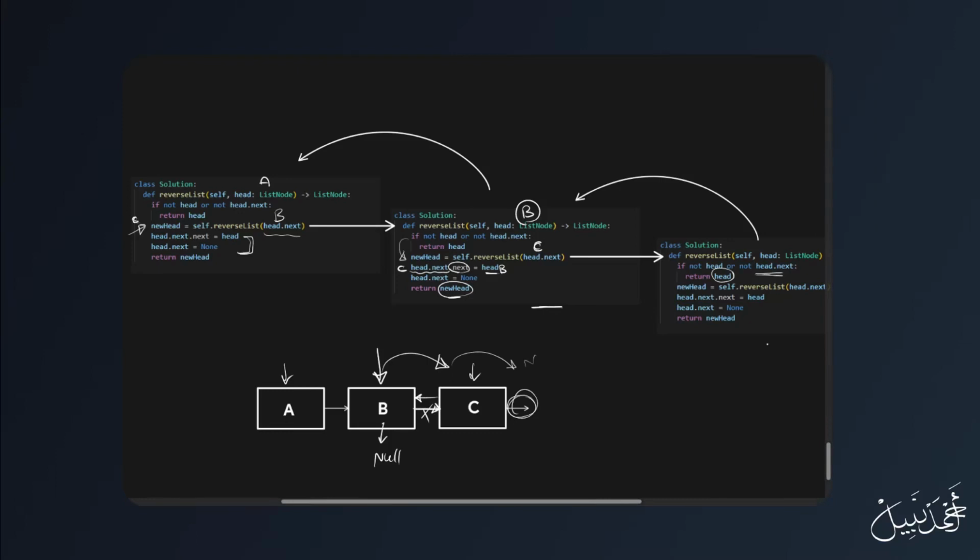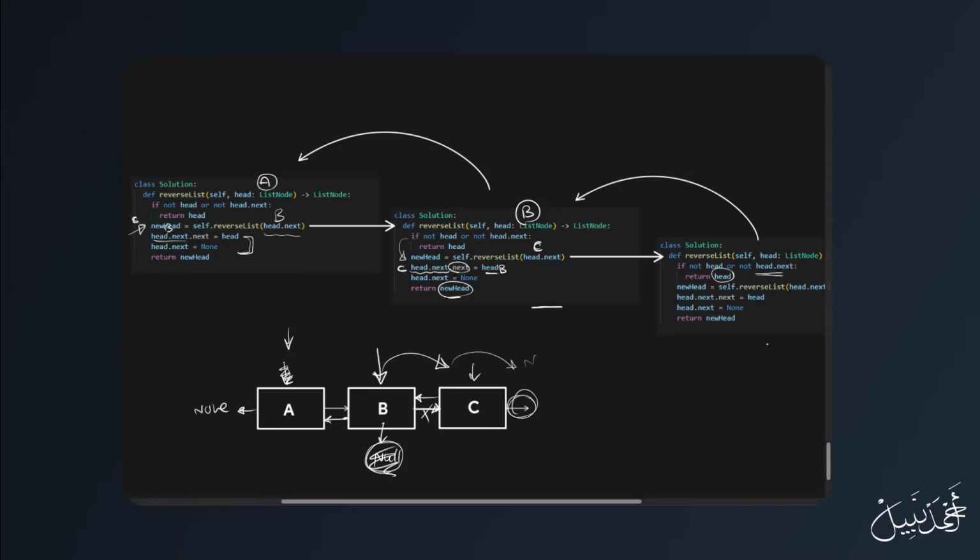Also we will modify the A. We are standing currently here, so we will take the next pointer of B, and we will make it point to A. So head.next, head here is A, so this is going to be B. B.next is going to be set to A, and A.next is going to be set to none.